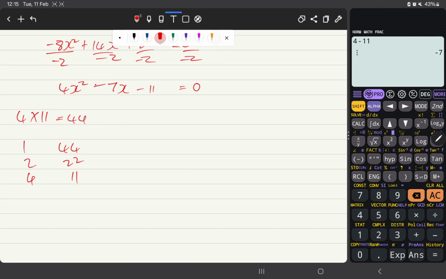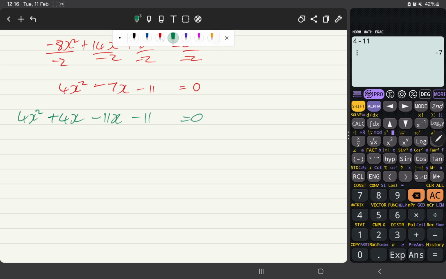I'm running out of space, so I'm going to have to delete this. The numbers I'm going to go with are 4 and 11. So I can say here, in a different color, 4x squared plus 4x minus 11x minus 11 equals 0.